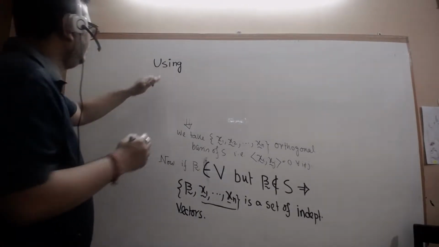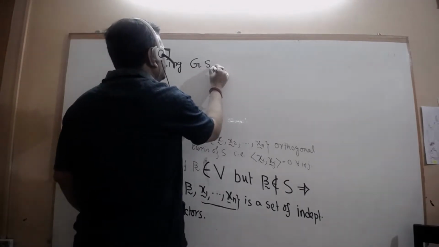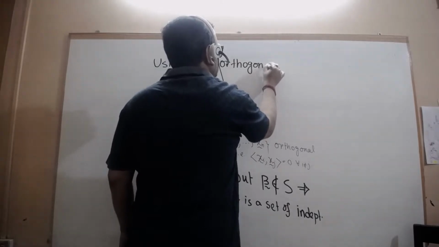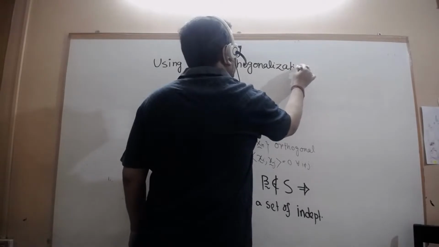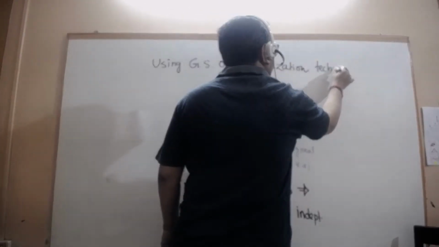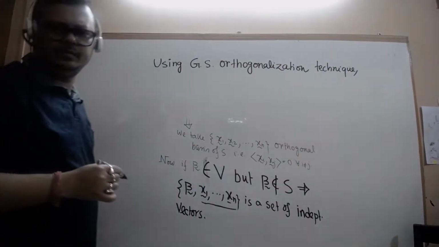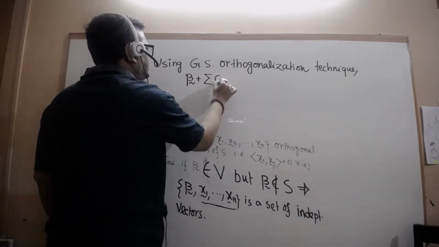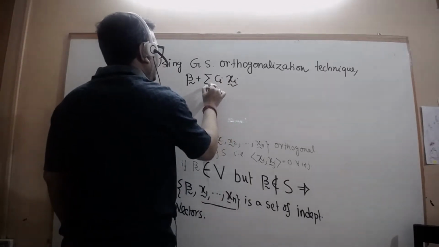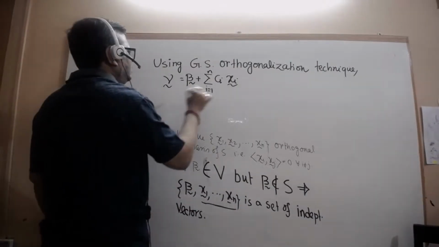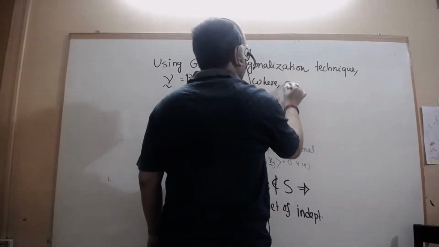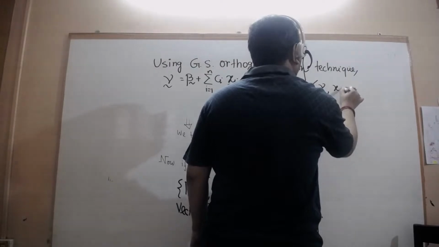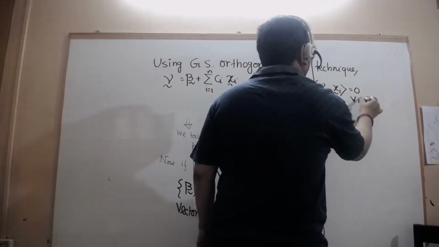So, using the Gram-Schmidt orthogonalization technique, beta curl plus the sum over i from 1 to n of Ci xi curl gives gamma curl, where Ci are such that the scalar product of gamma curl and xi curl is equal to 0 for all i from 1 to n.